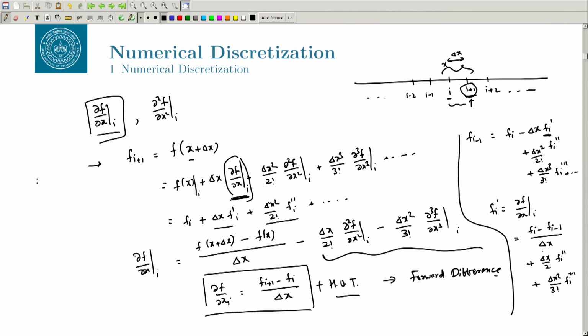Now you can see that you have made use of I minus 1 and I. This formulation is called the backward differentiation. This is also a one sided formula, but now it is backward.